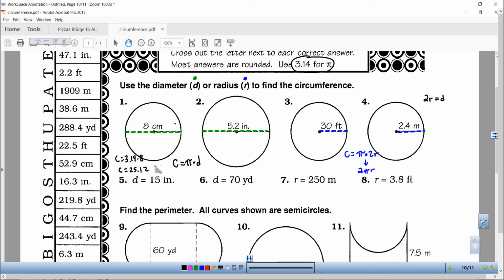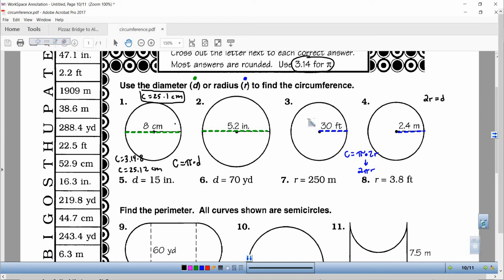So that would be the answer to the hundredths place. I happen to know from looking at the answers that they're rounding to the nearest tenth. So the answer that they have for this first one is 25.1 centimeters. That would be the answer rounded to the nearest tenth.